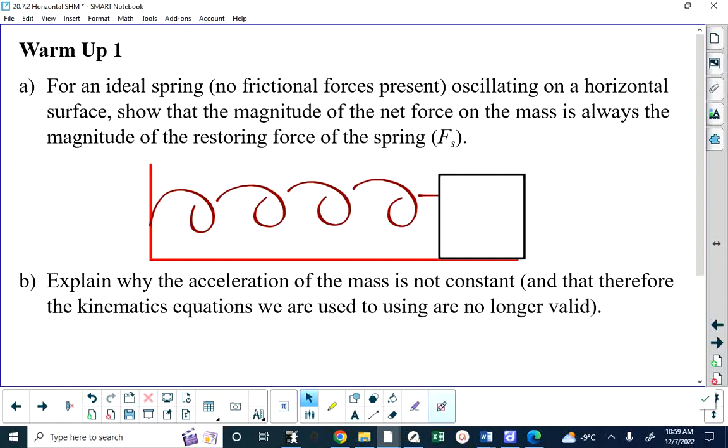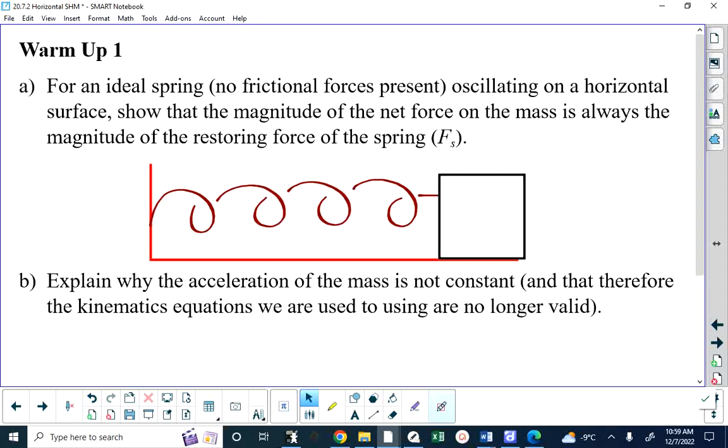You have to imagine that it's this type of spring, which can be stretched and then it goes back to its equilibrium position, or it can be squished and then it goes back to its equilibrium position. So it's not the type of spring that you've used in your Hooke's Law lab where all of the coils were touching each other. It's something that can do this. Okay. It's not very practical because we have so many ideals here, like there's no friction, which is ridiculous, but it will help you understand what's going on in terms of energy.